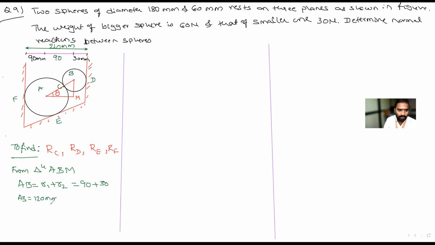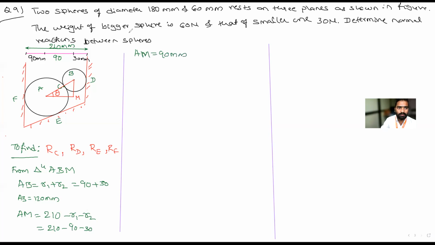Next, I have to find out AM. AM is equal to the total given 210 minus R1 minus R2. 210 minus 90 minus 30. What is the value of AM? 90 mm.